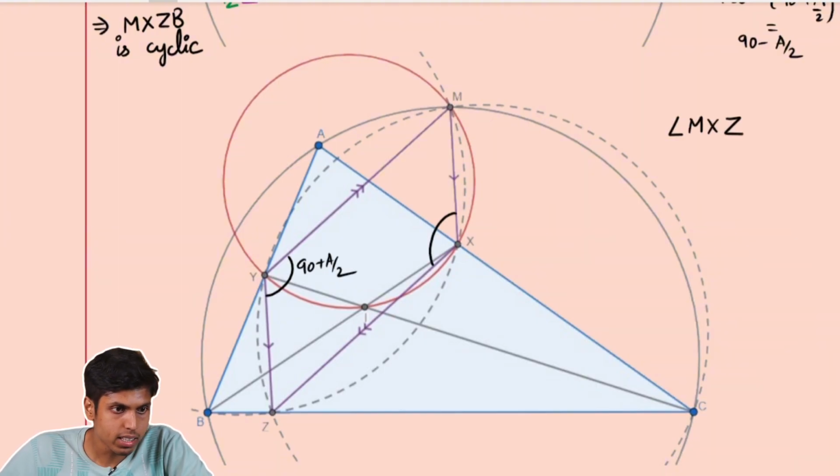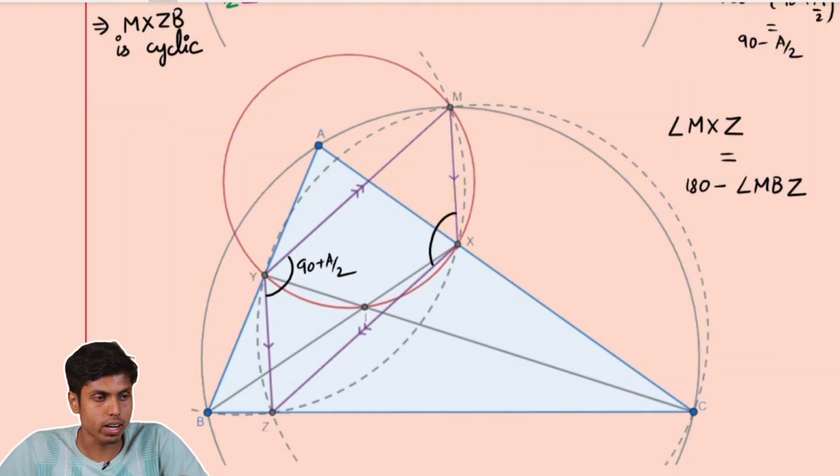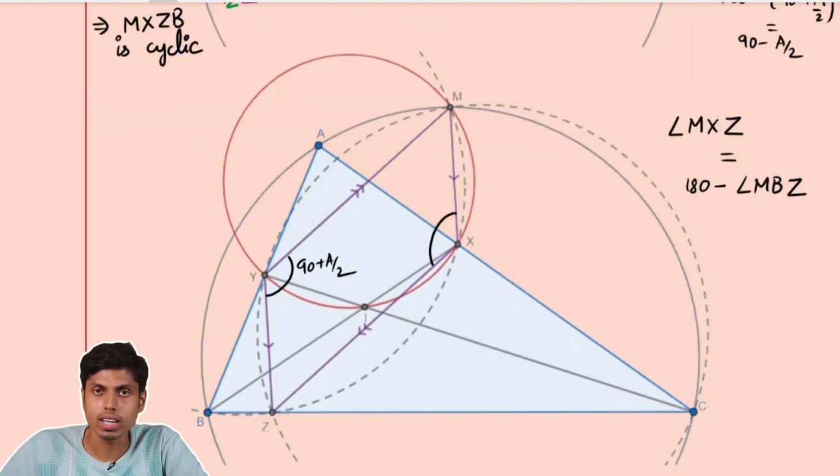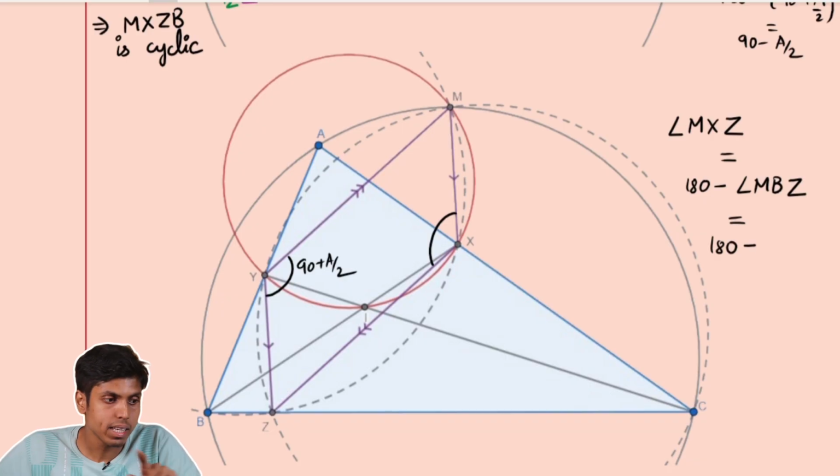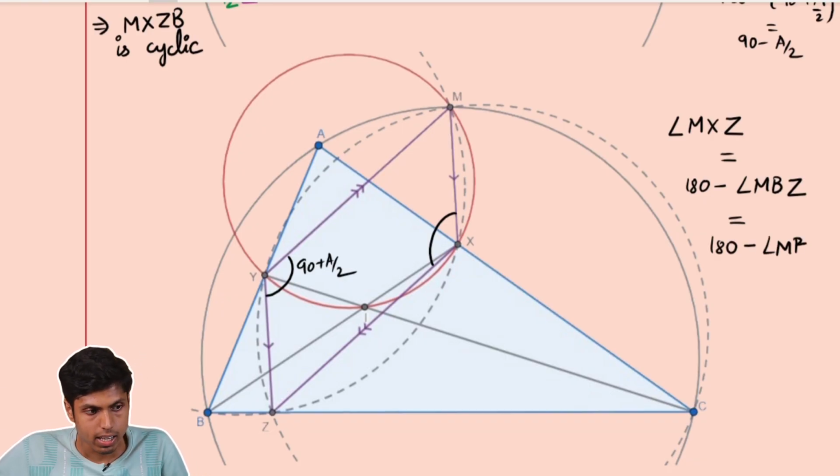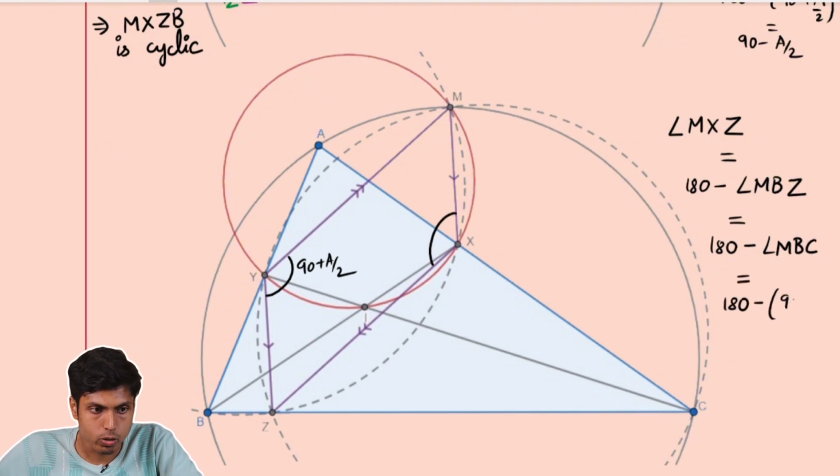Angle MXZ is nothing but 180 minus angle MBZ, because the second cyclic quadrilateral implies opposite angles are supplementary. And angle MBZ is just angle MBC, as B, Z, C are collinear. MBC would be 90 minus A/2, which renders angle MXZ to be 90 plus A/2.